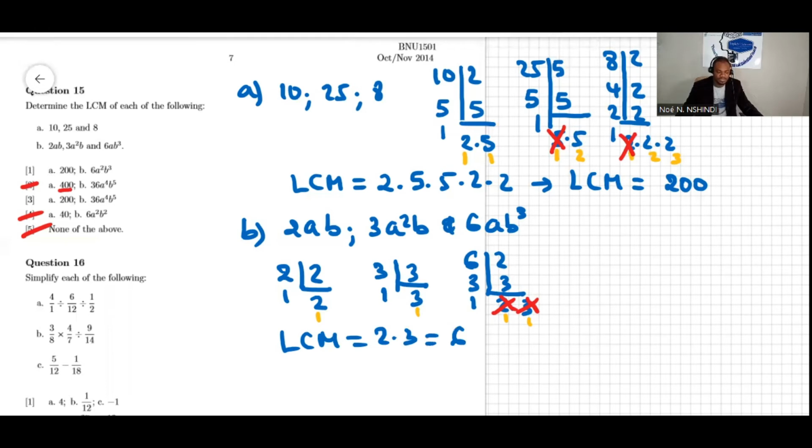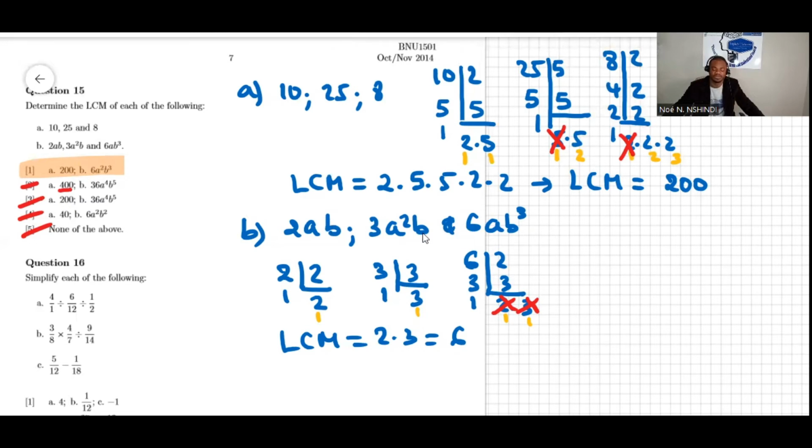Now, already, without me finishing the calculations here, I can see the correct answer is alternative 1, because it cannot be alternative 3 here. Okay, because there they say the LCM starts with 36, so it cannot be that one. But now let's just finish the calculation. We already know that for the constants here it's 6.